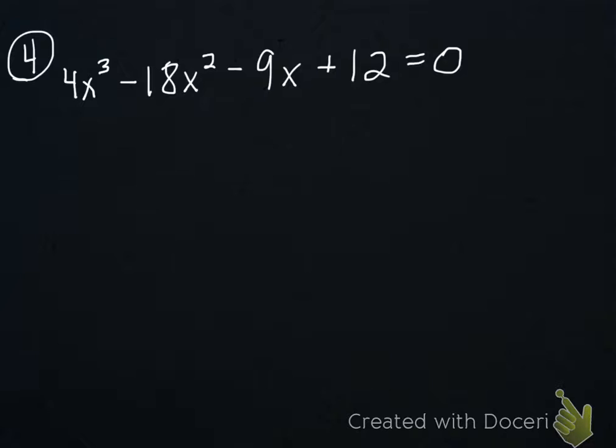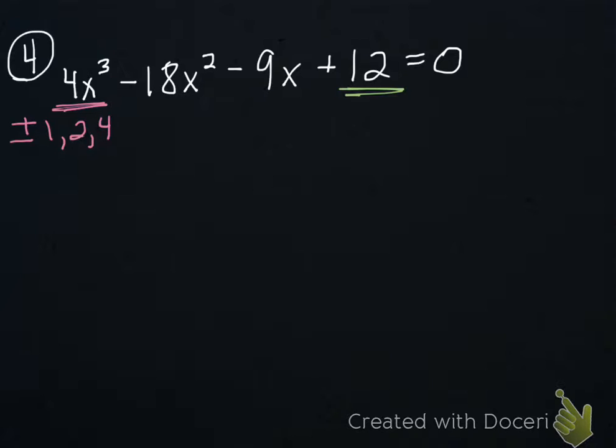Number 4. What's the constant? 12. What's the leading coefficient? 4. So I'm going to have at least 2 sets. Let's look at my 4 first. My 4 is divisible by 1, 2, and 4. So I have to go through and divide everything by 2 and everything by 4.